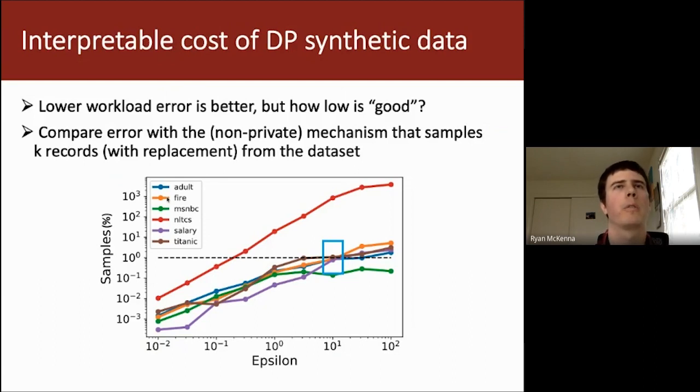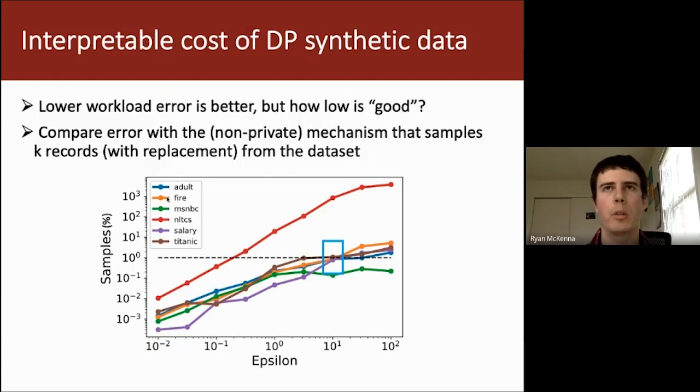So for this, we can come up with a more interpretable way to present the performance of the mechanism by comparing it with a non-private mechanism that samples K records with replacement from the data set. So what we're showing here is for a given error rate, we can calculate the number of samples needed for this subsampling mechanism to achieve that error rate, and then plot that as a function of epsilon.